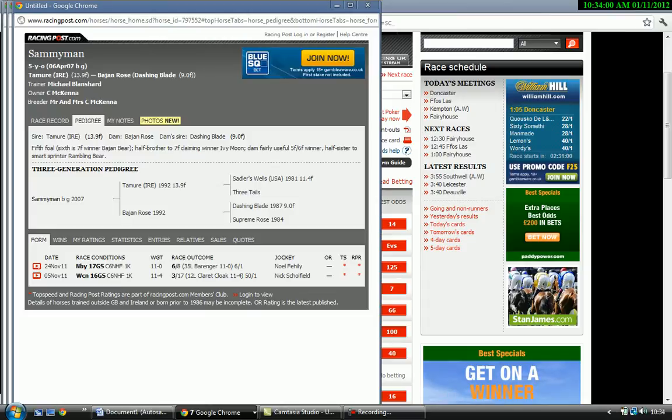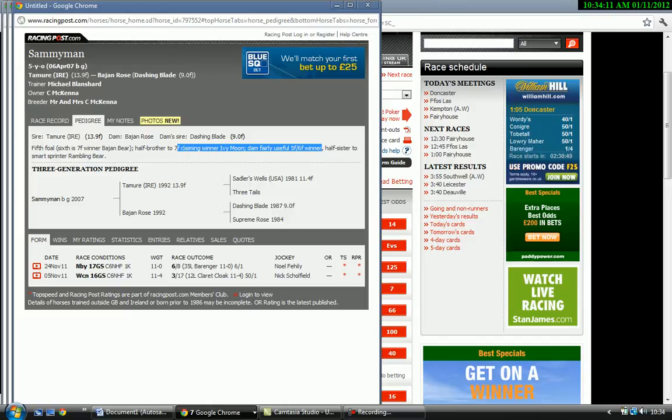Half brother to 7th furlong claiming winner Ivy Moon. Dam, fairly useful 5 to 6th furlong winner. That tells you Sammy Man is not really a national hunt horse, and the mere fact that he was beaten by my selection is no big deal.